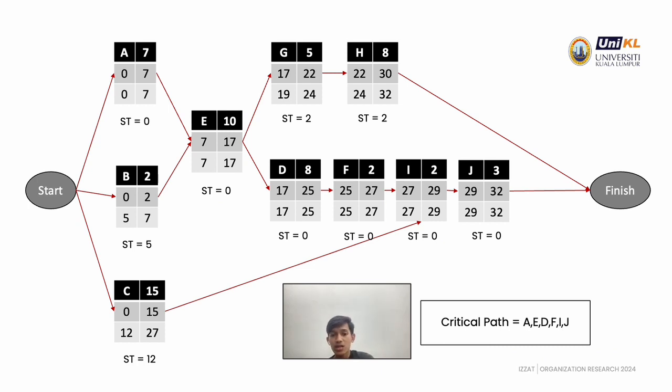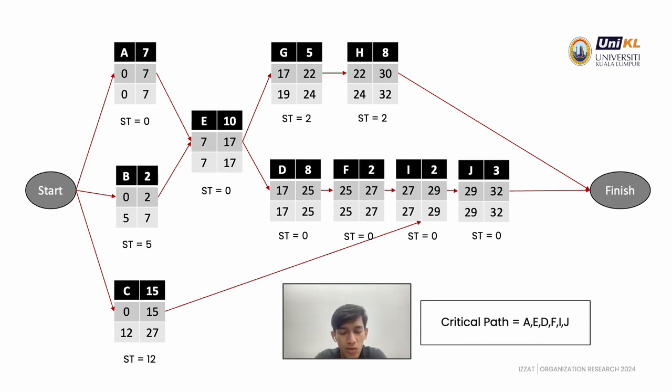For activity E, you can see that activity E is connected to two activities, which are activities G and D. Since they have two different late starts, how do we identify which number to use as the late finish for activity E? In this case, you need to find the minimum number of the late starts.